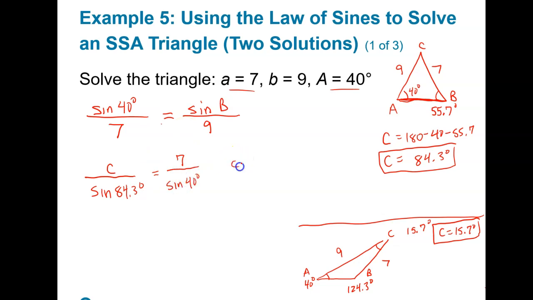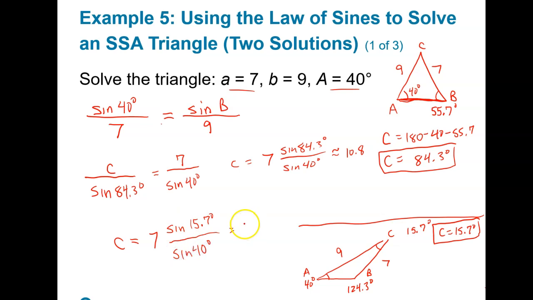So that means c, little c, is 7 times the sine of 84.3 divided by the sine of 40, which is about 10.8. All right, and the only thing that's going to change differently when we come down here is it's going to be the sine of 15.7 degrees over the sine of 40 in the denominator, which will make C only roughly 9 units long.